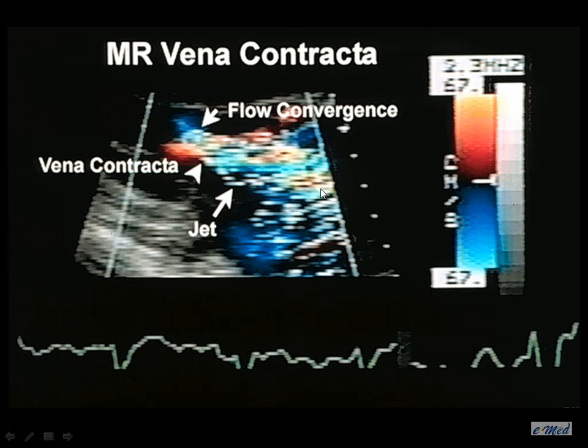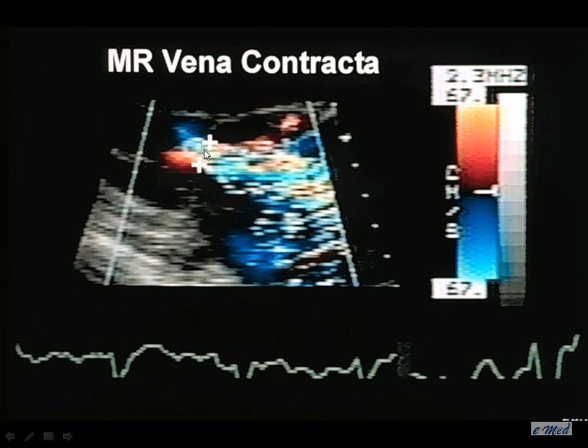If you don't have the three components, don't use it. The flow convergence here is recognized because there is a little blue part of the flow going down toward the orifice, a little red part of the flow going up to the orifice, and then you have the marker of the orifice here, which is the vena contracta, and you can measure that.